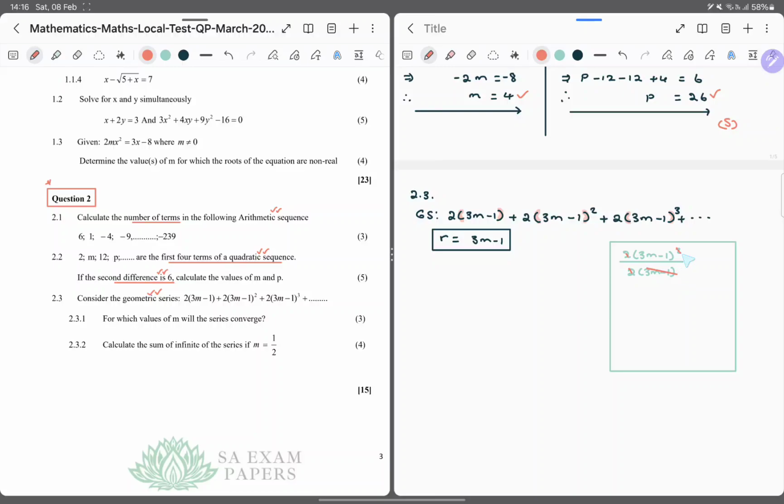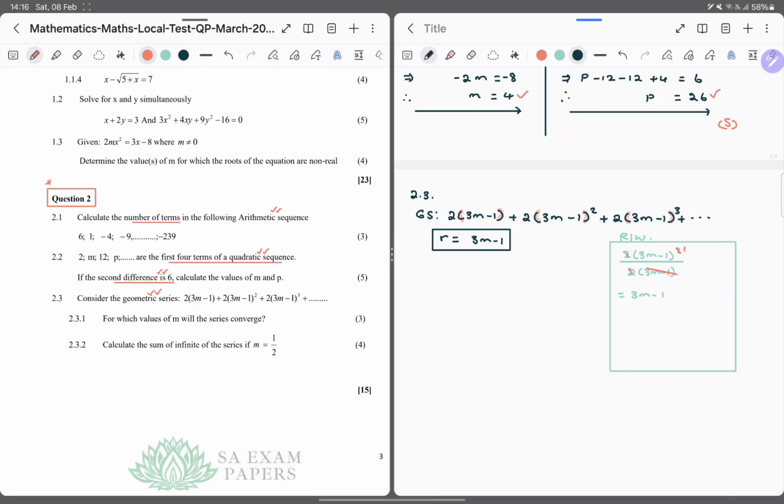This bracket takes the exponent and leaves just 1 because this is to the exponent 1. When we take it to the top, it's to the exponent minus 1. Same basis, exponents add up, so that would be 2 minus 1, and we end up with this. So at the end of the day, what do we end up with? It's 3m minus 1. So this is part of the rough work, no part of the solution, okay?